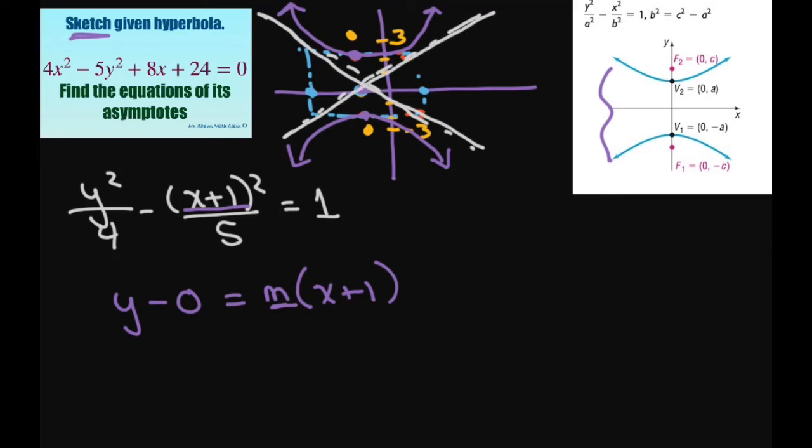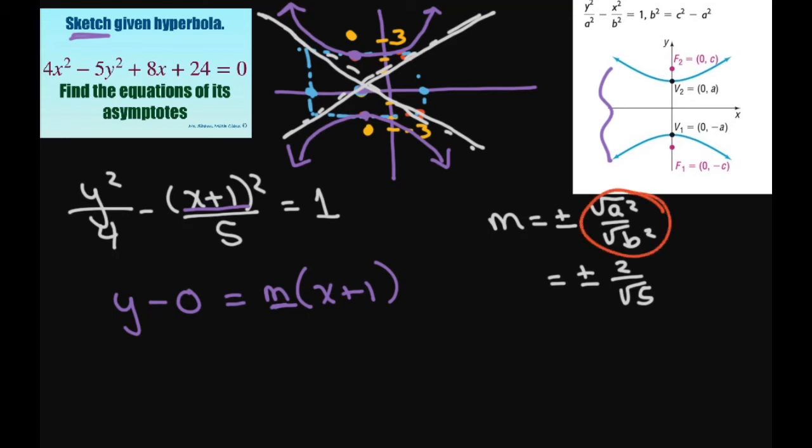All right. So basically all you do is you take your slope is going to equal plus or minus square root of a squared divided by square root of b squared. So these are the squares. So this is going to equal plus or minus 2 divided by square root of 5. And usually what I do, I don't worry about the a and b part. I know that slope is y divided by x. Rise over run, right?